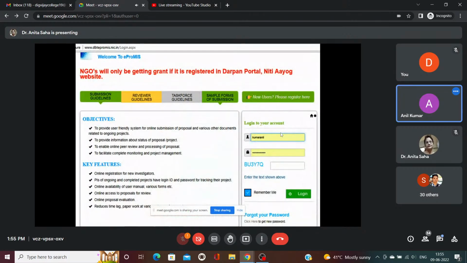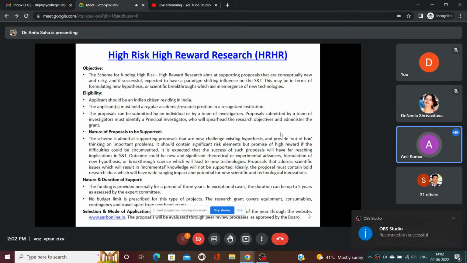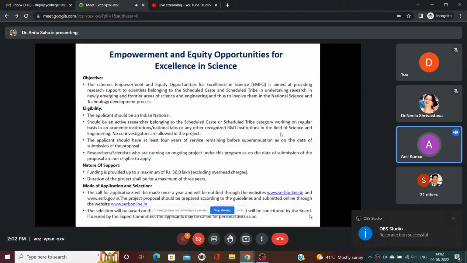Okay, these are the objectives. These are the key features of this scheme. Equity, opportunity for excellence in science: to cover researchers from all sections of society.